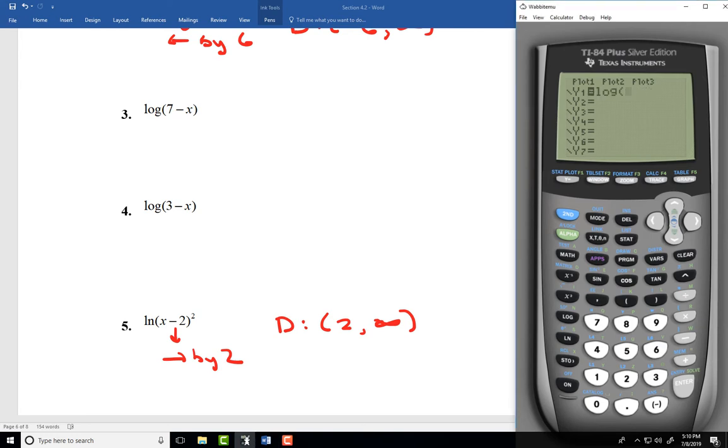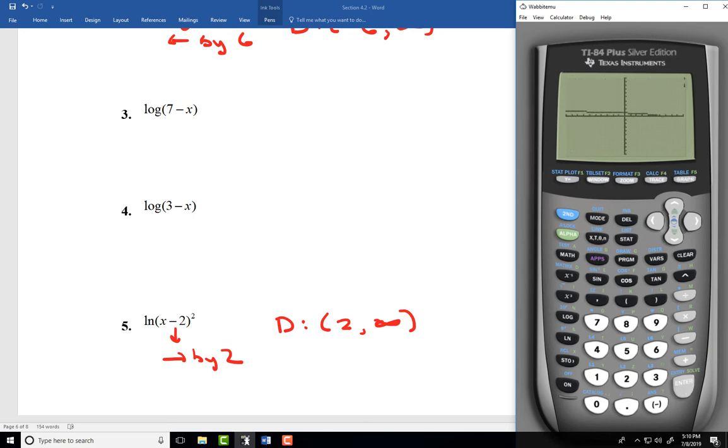But let's compare them. So I do log base x, and then let's see if I graph log base 7 minus x, okay? And this is helpful too, right? So you don't necessarily need to memorize it. You just want to have a general good feel. So log of x looks like this. And notice log of 7 minus x is flipped the other way. So I'm going to remove log of x.